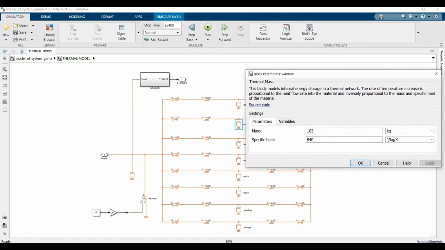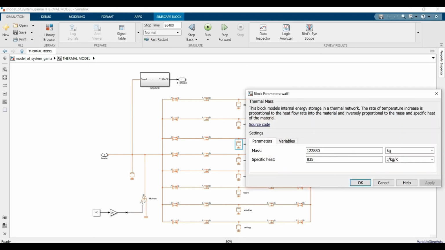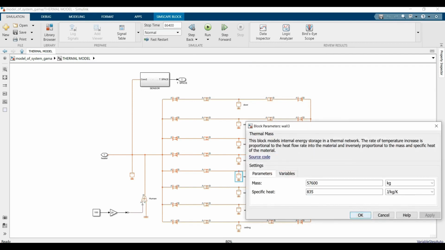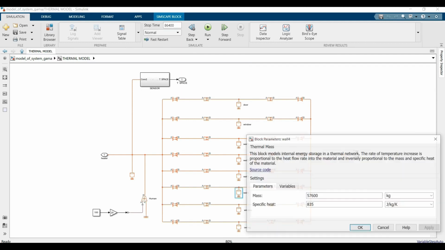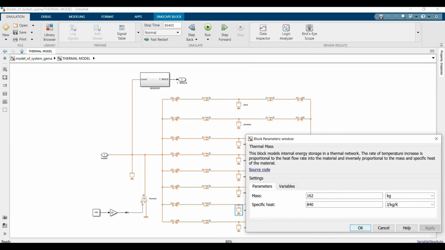For the window, for 2 walls we have 4 windows, and this is the sum of the windows mass. The wall number 1, number 2, they are the same. Window and ceiling.